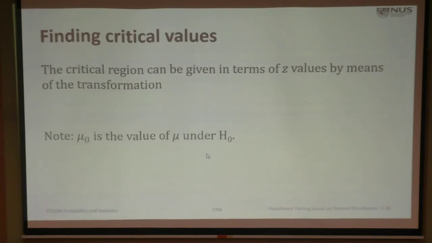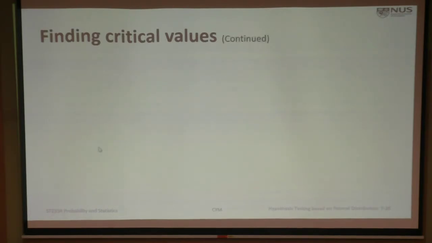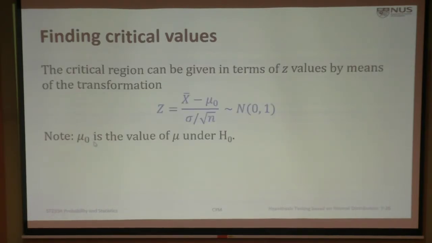Okay, so how to get these values? That is most important. All right, so we know that this follows a standard normal. I have to emphasize that all these calculations are under the null hypothesis. So when you calculate the probability to decide on your critical values or the test statistics, it's based on mu equal mu naught. As you can see, we substitute mu equal mu naught.